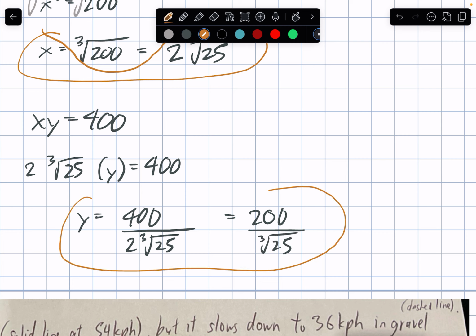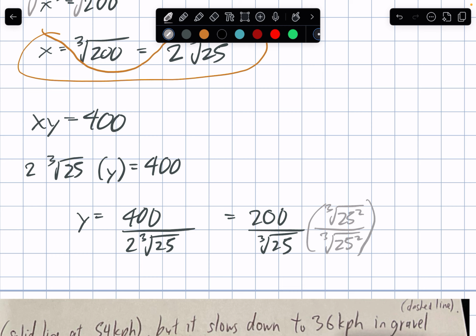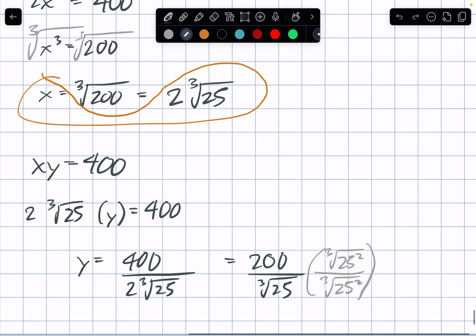We can rationalize: multiply by cube root of 25 squared, because what's inside has to be cubed so that we could bring 25 outside. So 200 cube root of 25 squared divided by 25.